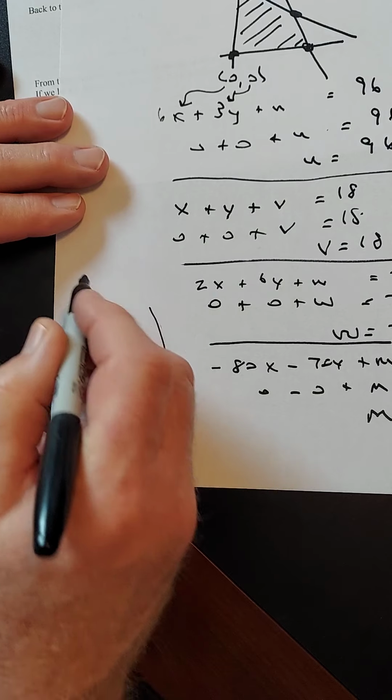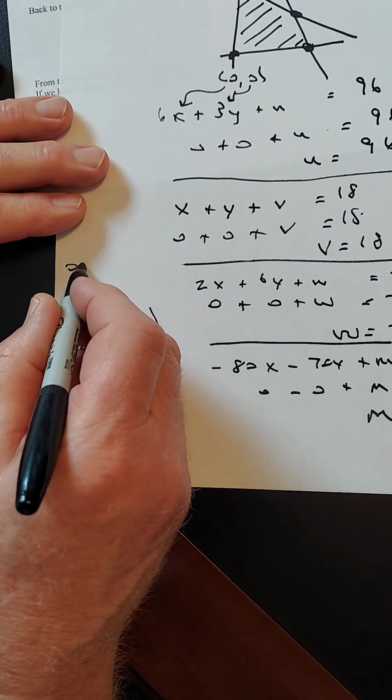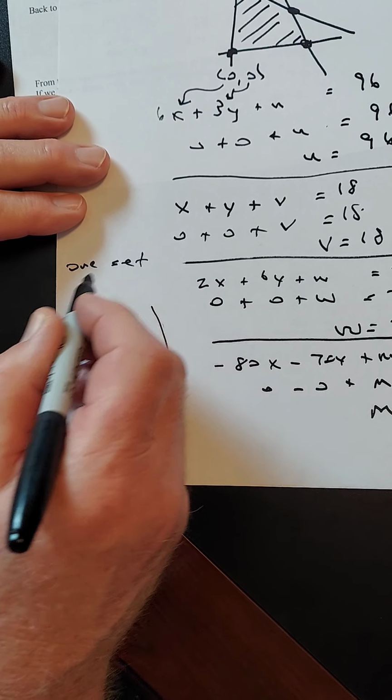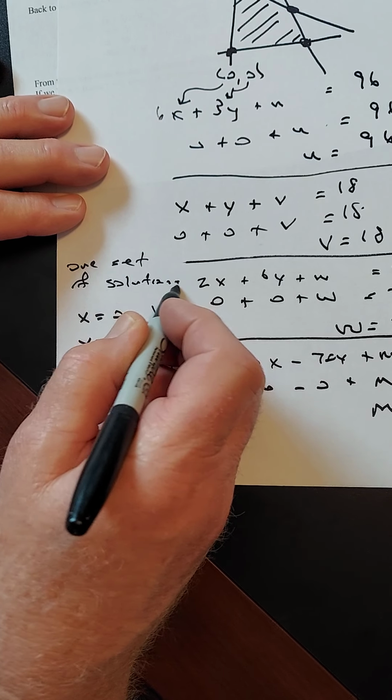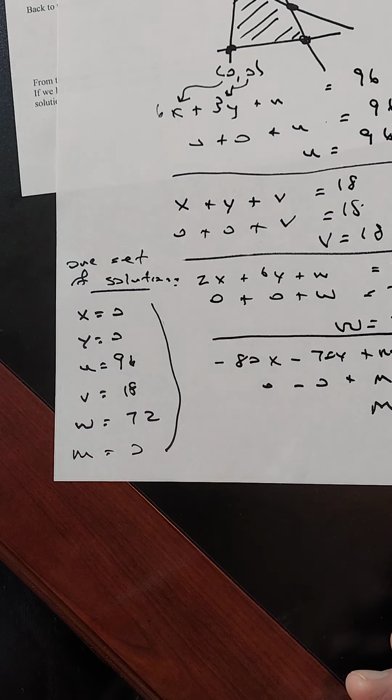So what that does, that gives you one set of solutions. And how did we do that? We let x equal to 0 and y equals 0.